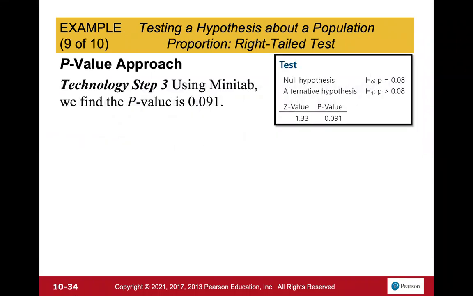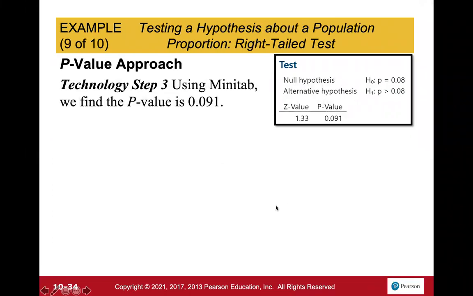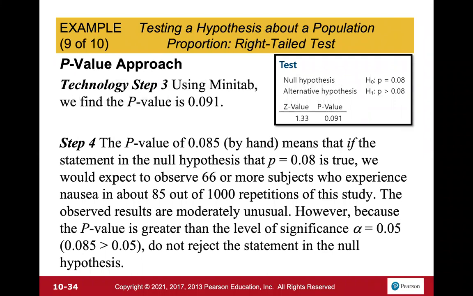From here, the p-value you can see it here, 0.091. All right, using Minitab, this is what they got. And step four, the p-value is 0.091 by hand. It means that if the statement in the null hypothesis, that p is equal to 0.08, is true, we would expect to observe 66 or more subjects who experience nausea in about 85% of 1,000 repetitions of the studies.